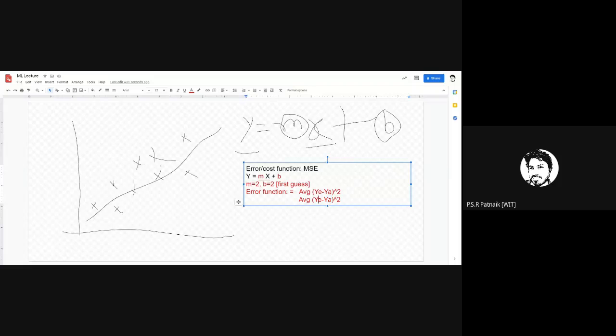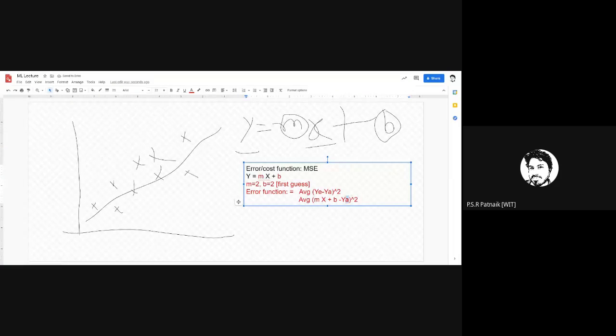Y expected you calculate from your assumed values of m and b. So y expected is equal to mx plus b, right? So if I replace y expected, it would be m into x plus b minus y actual.